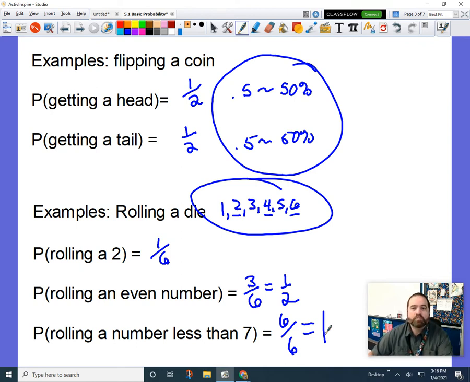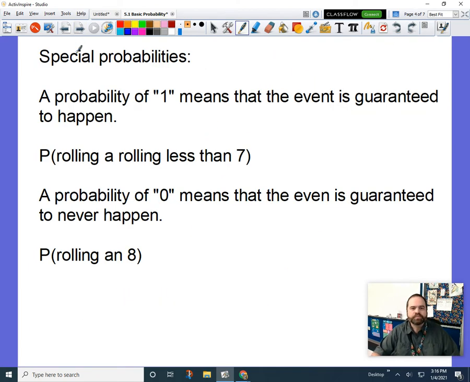It is a 100% guarantee, bet money on it, that you're going to get a number less than 7. It's always going to happen. Just as a fraction, 6 over 6 reduces down to 1. You can give it as 1 over 1, but whole numbers are acceptable there too.